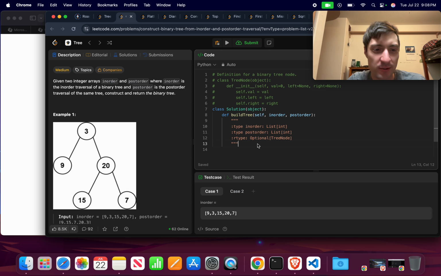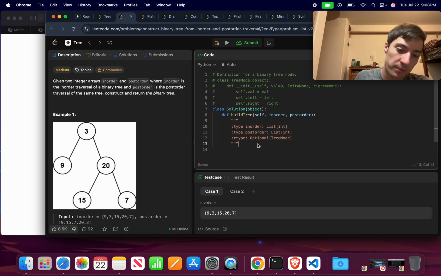Okay, so given two integer arrays Inorder and Postorder, where Inorder is the Inorder traversal of a binary tree and Postorder is the Postorder traversal. So we're given the Inorder traversal and we're given the Postorder traversal, and our job is to construct a tree from that.